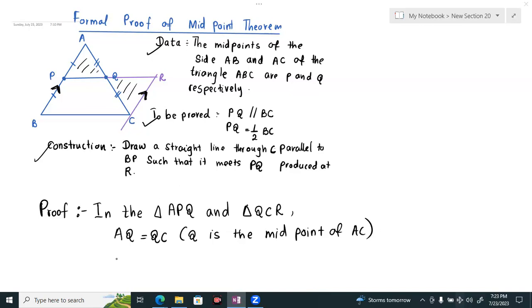PAQ. Yes. What is the reason? He says that PAQ and QCR are equal. Yes, the reason is they are alternate angles, because AB and CR are parallel to each other.